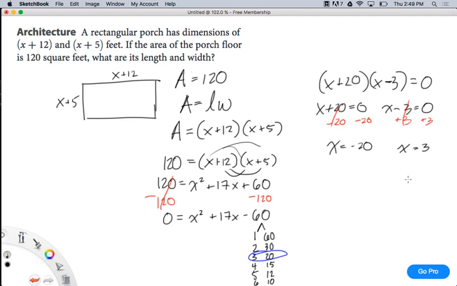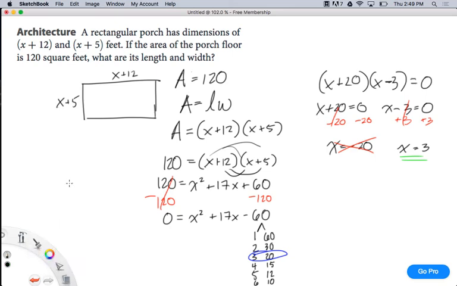Because if I plug that in, negative 20 plus 12 is negative 8. The length isn't negative 8, right? So it's not negative 20. It is x equals 3.